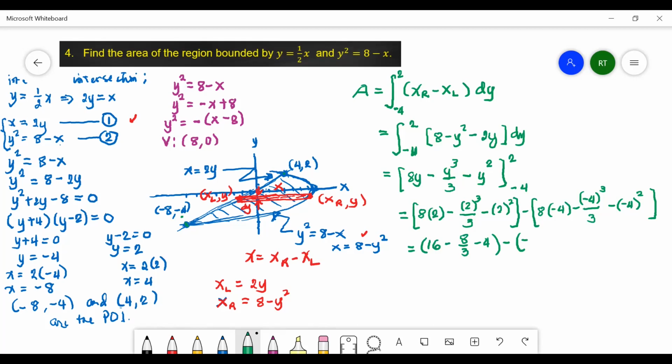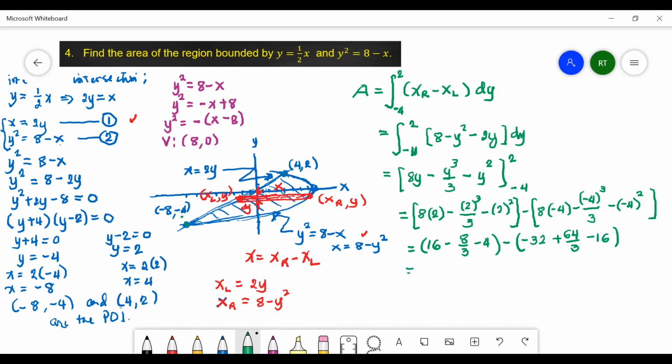-4, which is -32. -4 raised to the third power is -64, minus minus is positive, so positive 64 over 3. -4 squared is 16, so minus 16.